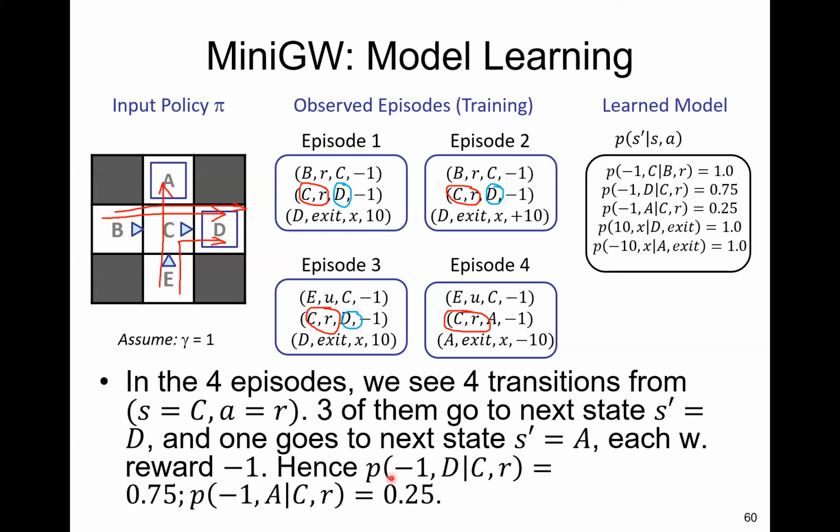So you can get probability of getting a D from, say, C action R, and reward -1 is 0.75. And from C R going to A is 0.25 from these 4 episodes.